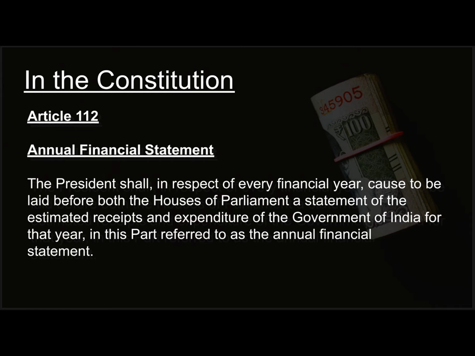This means that a budget has to be tabled before the Parliament every financial year. But this year, we saw budget presentation 2 times, which was because of the general elections.